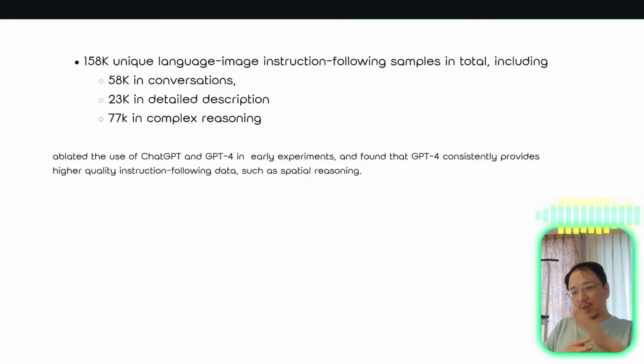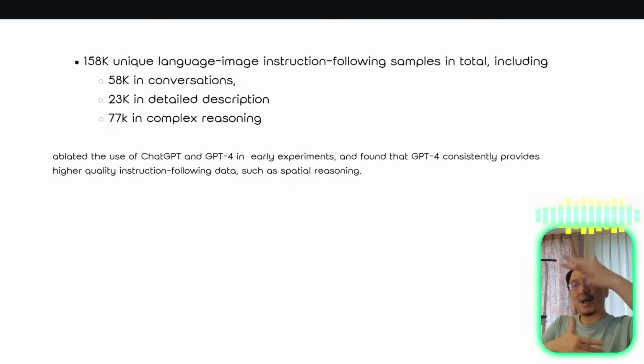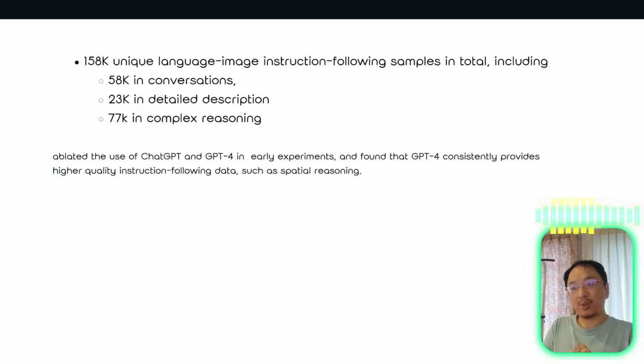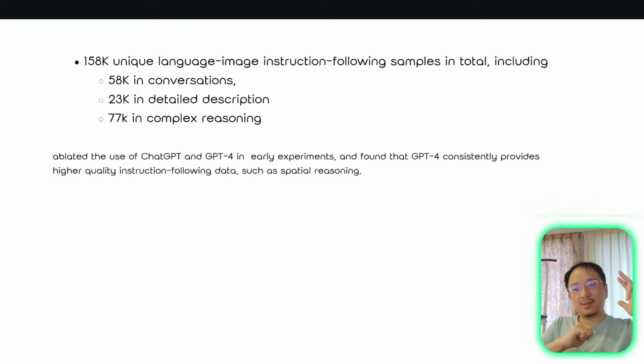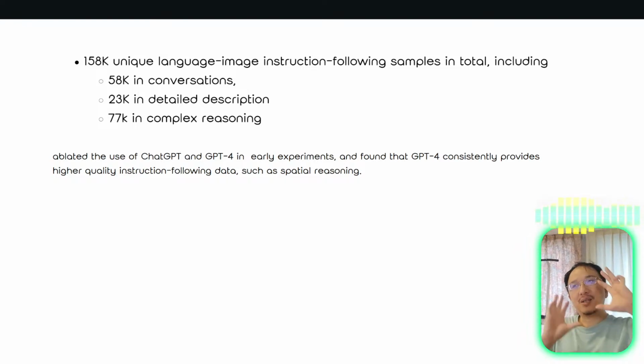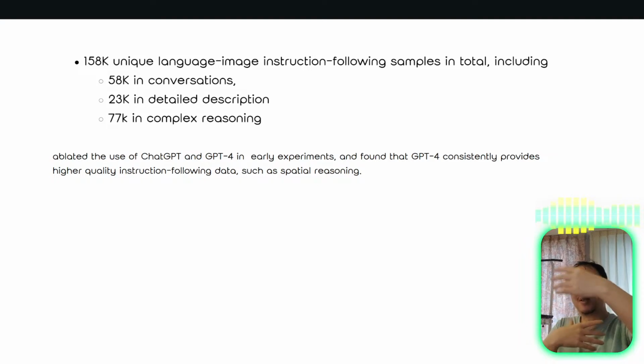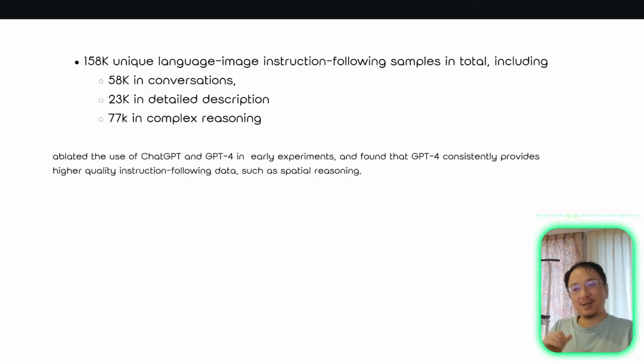But the thing is, LLaVA is not for commercial use. You cannot use LLaVA for anything commercial, and you cannot fine-tune LLaVA for that, because they are using GPT-4 data. So although the weights of LLaVA are publicly available, they are only for research purposes, because they are using a GPT-4 generated dataset, and this is their method. Their core method is using GPT-4 generated text. It's a clever way.